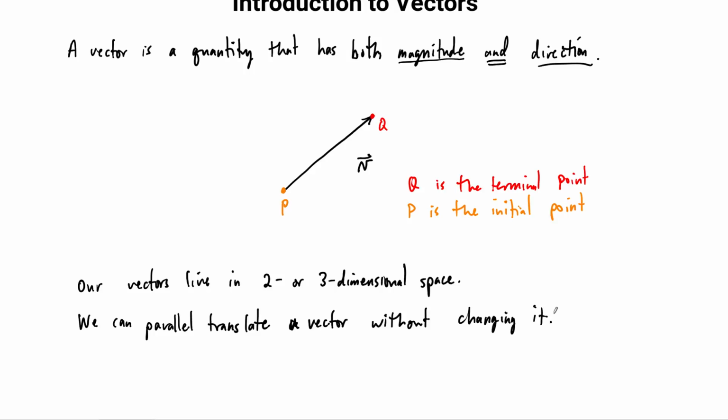So again, let me move it a little bit here. Let's say I move it over here. Well, now the initial and terminal points are no longer P and Q, but the vector is still v. Okay, so you're allowed to move the vector around. It'll change the initial and terminal points, but as long as you don't change the magnitude or the direction, then you have kept the vector exactly the same.